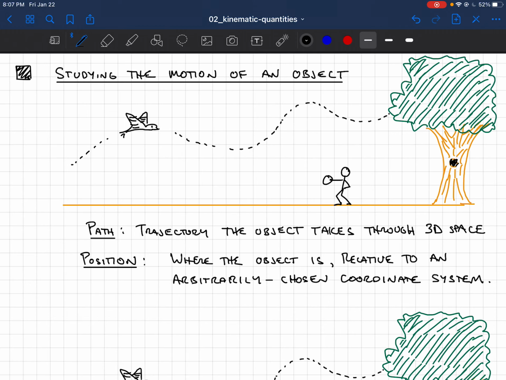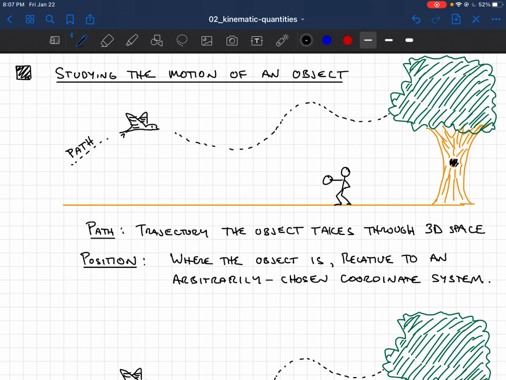So the first thing was the position. And the position is, well, actually, sorry. The first thing actually is this dotted line. So this dotted line is the sequence of all positions of the bird, and we call this the path of the object. So it's a path through a three-dimensional space that the object takes.